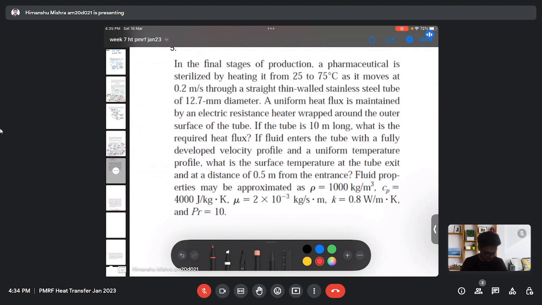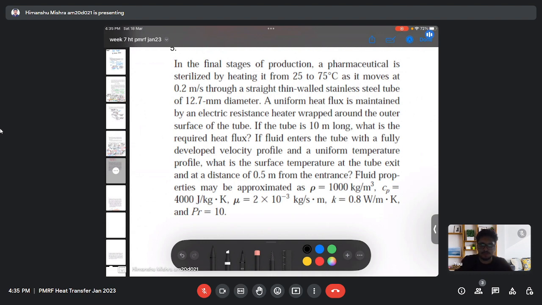So in the next question, the final stage of production of a pharmaceutical is sterilized by heating it from 25 to 75 degrees Celsius as it moves at 0.2 meter per second through a straight thin walled stainless steel tube of 12.7 mm diameter.